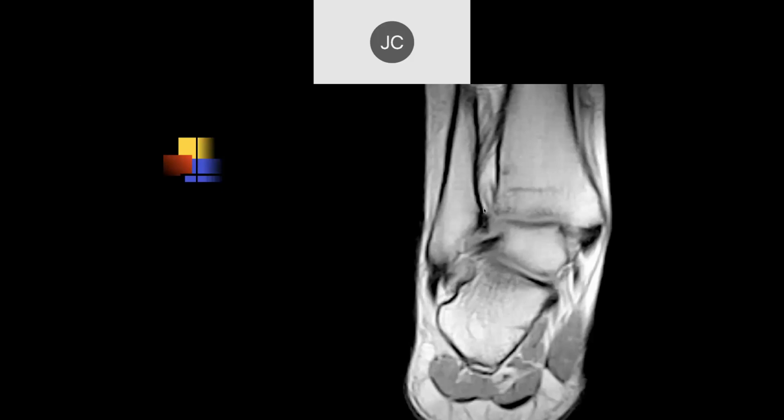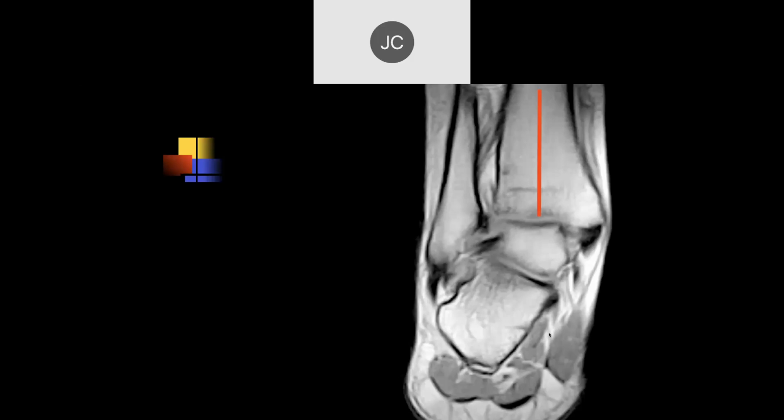Okay, well, the thing I'd like you to point out here is the orientation of the bones. Usually the tibia is right on top of the talus, which is right on top of the calcaneus, and the forces go right through the middle of those three bones.